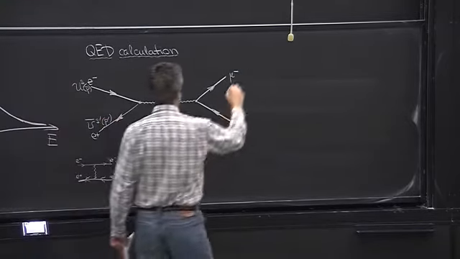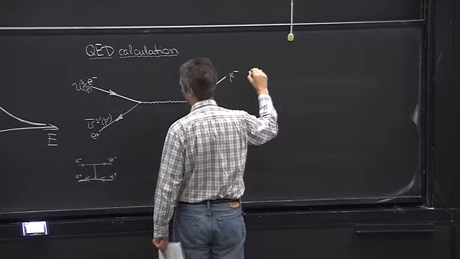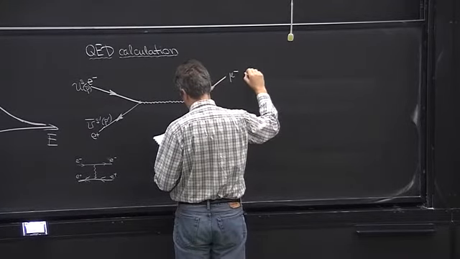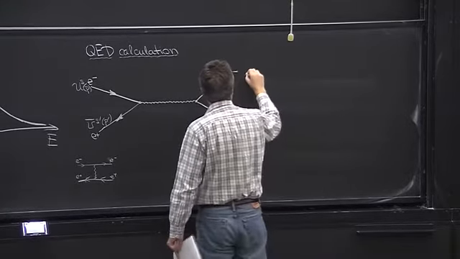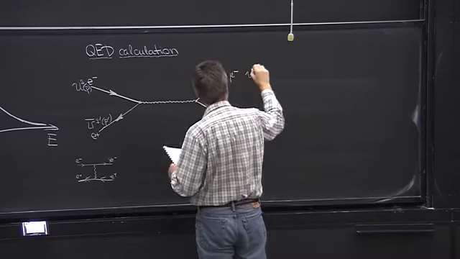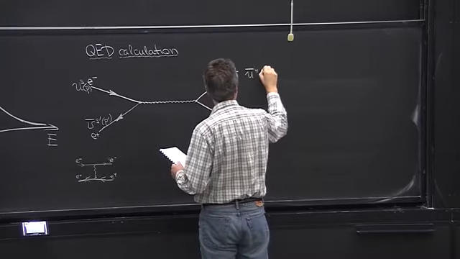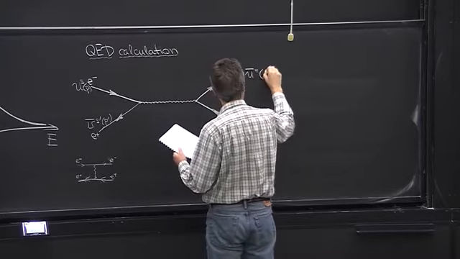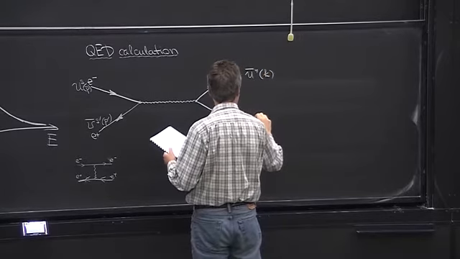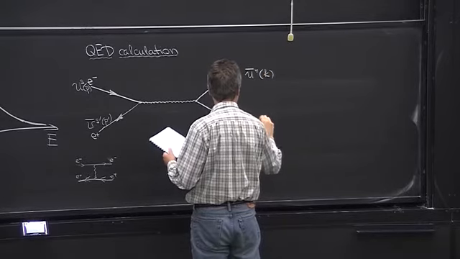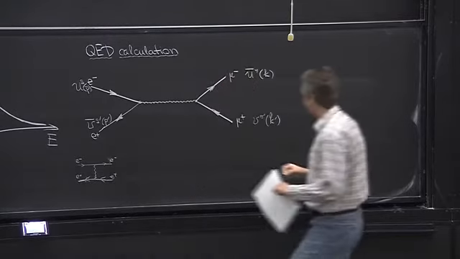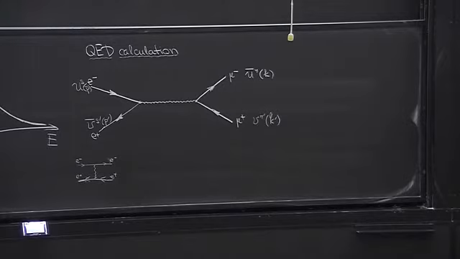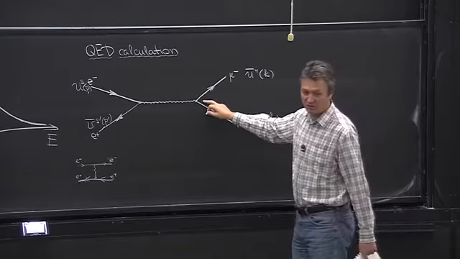Then the outgoing muon has the wave function u bar r and momentum k. And this has the wave function v r prime of k prime. So we have to multiply all these wave functions, and each vertex has a factor of gamma.